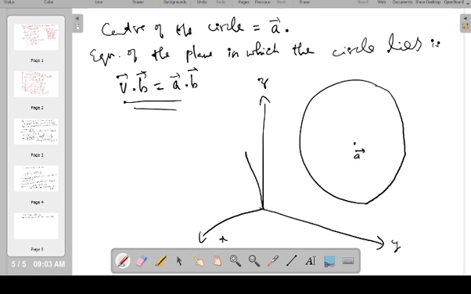If your B is like this, then translate it to the point A without changing its magnitude and direction. So you will get this as your new B. So you have a plane perpendicular to the vector B, on which gamma lies. So this is that plane.